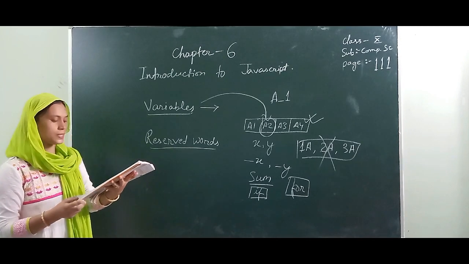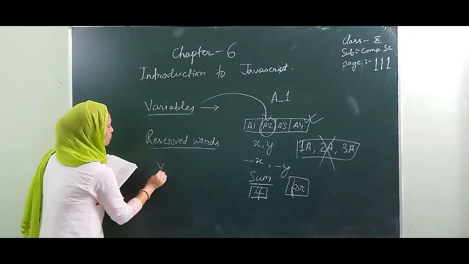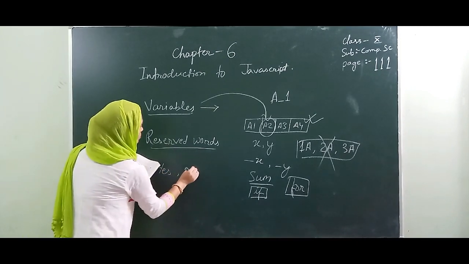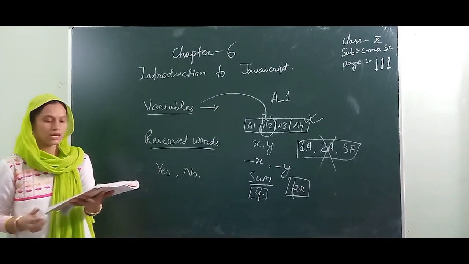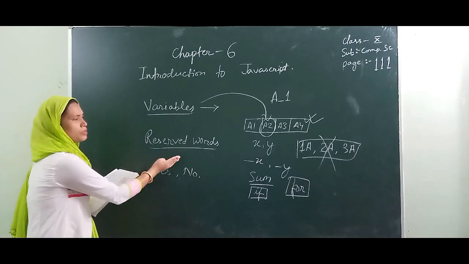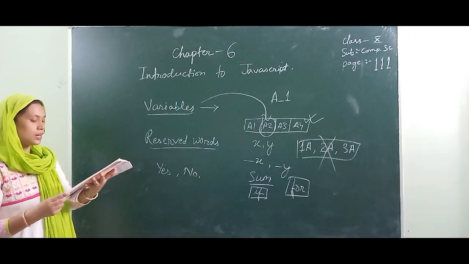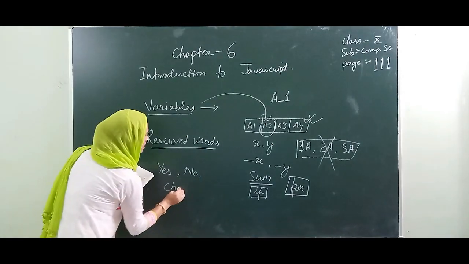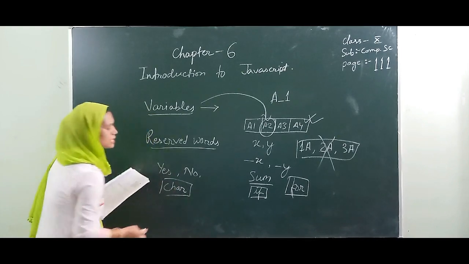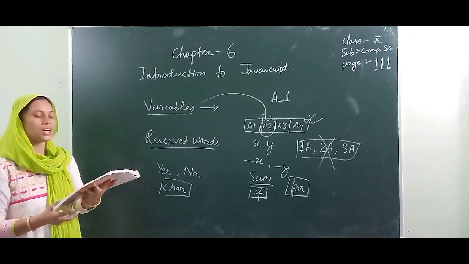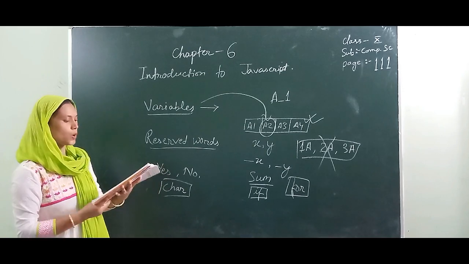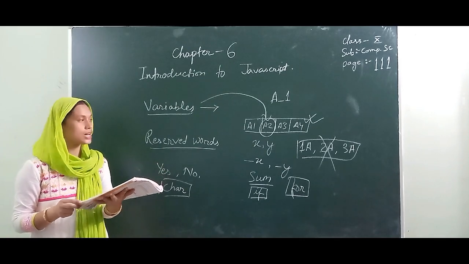Here boolean means whether yes or no, on or off. Break means you are going to break, which has a special meaning. Then char, C-H-A-R. Char is a data type which has a special meaning in the compiler. Such types of words we cannot use in a script.